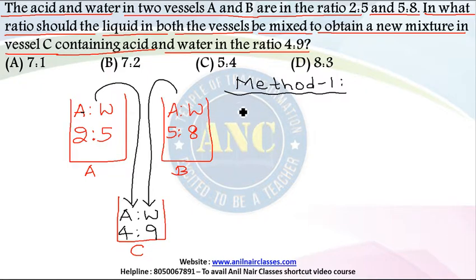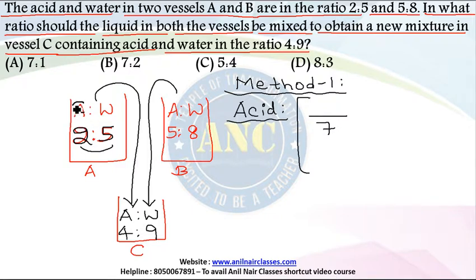Now see here, if I pick the first parameter acid, that means I am working with this parameter called acid. In vessel A, 2 liters of acid is present, 5 liters of water is present, totally 7 liters of solution. Out of the total 7 liters present in vessel A, how many liters belong to acid? 2 liters belong to acid.